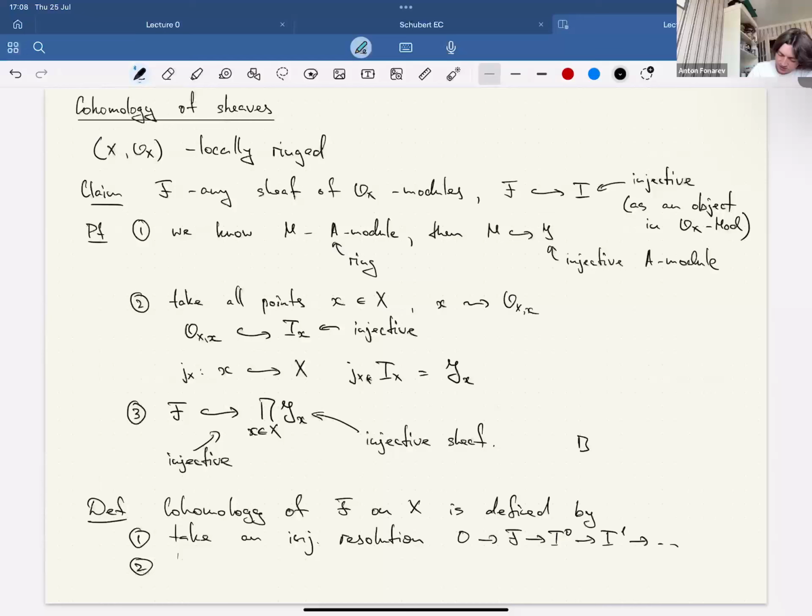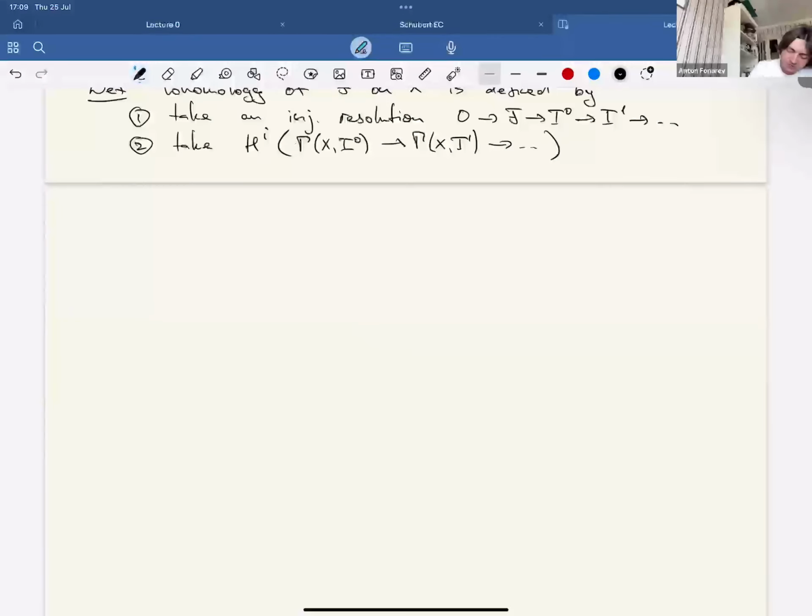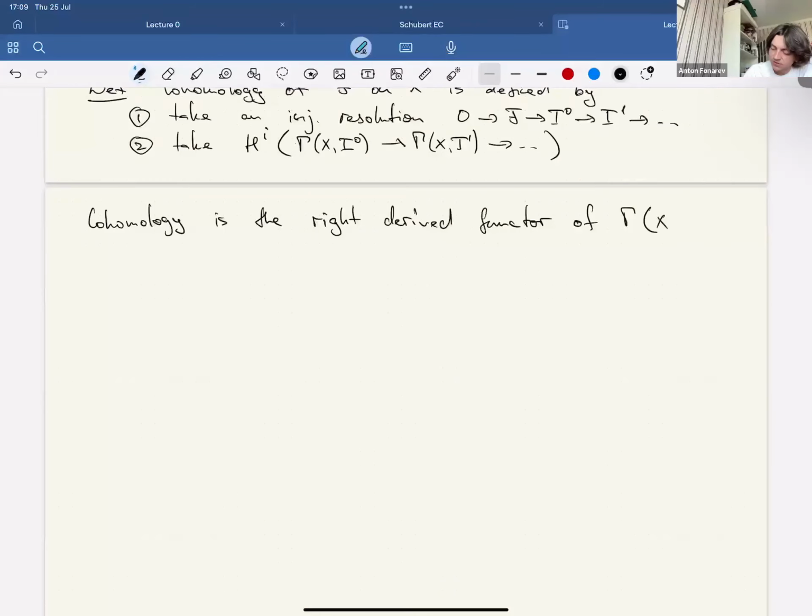Second, you take the usual cohomology of the complex Gamma, global sections on X, of I0 goes to Gamma X I1 goes to etc. So in other words, this cohomology is the right derived functor of the global section functor.